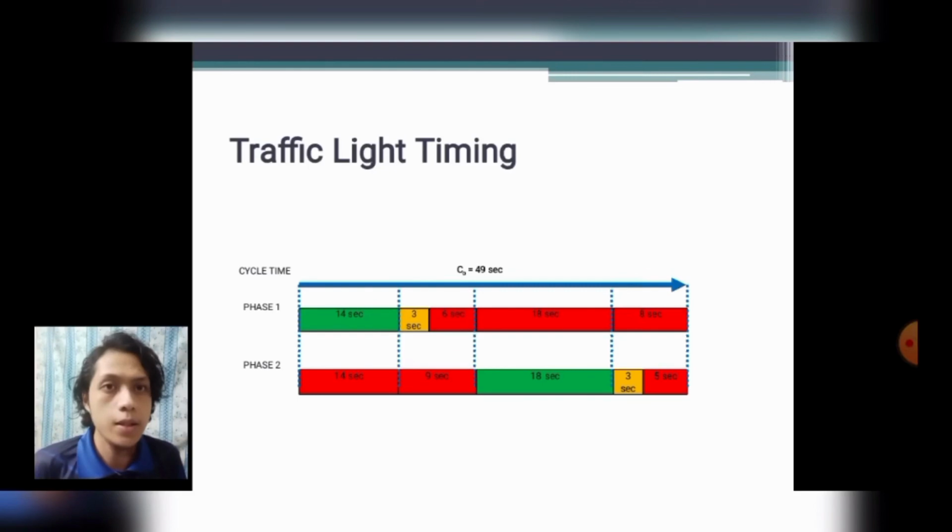After we get all the data, now we can start to design our traffic light timing. So this is what we get from our previous calculation.